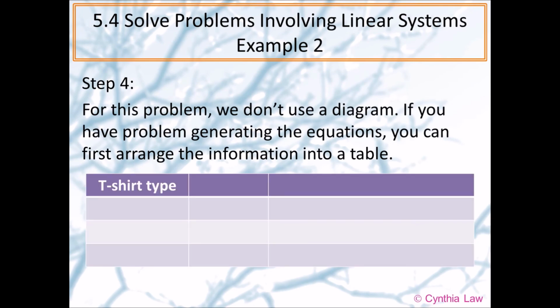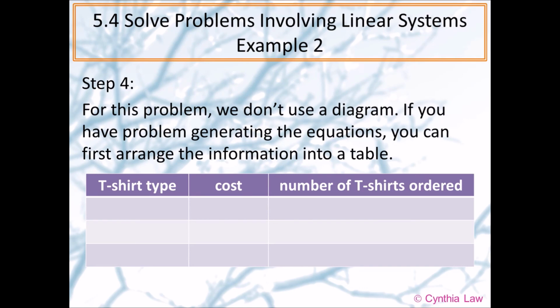So we have t-shirt type. That's one category. And then we have cost. And then we have the number of t-shirts ordered. So these 3 headings are given to us in the question.